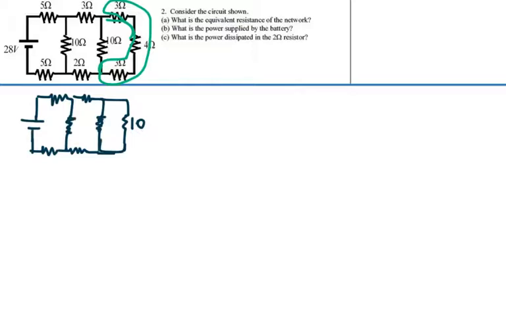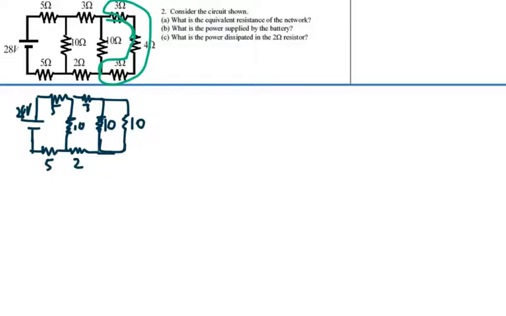I have a 10 here. We have a 3, 10, 2, 5, 5, and then 28 volt battery.